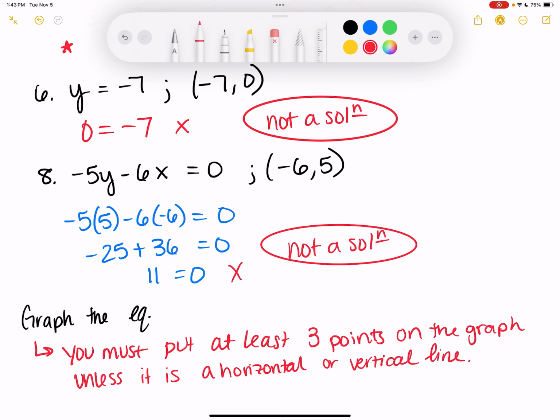If it's like x equals something or y equals something, just that, you don't have to, but otherwise you need at least 3 points on your graph.